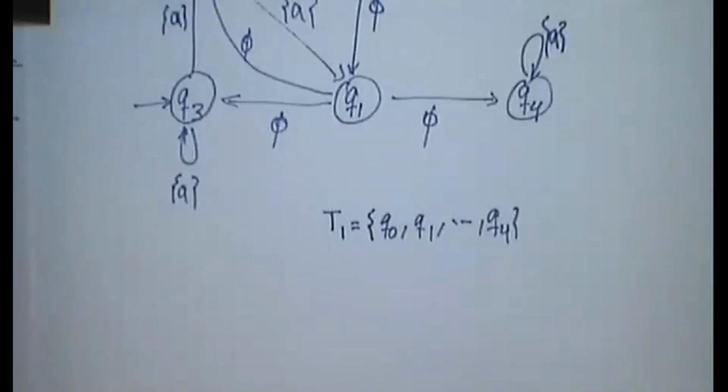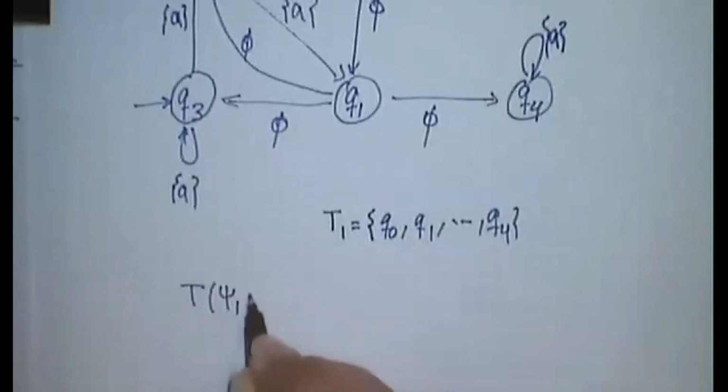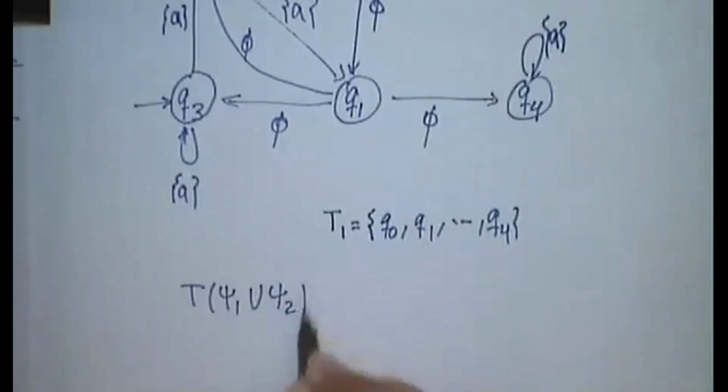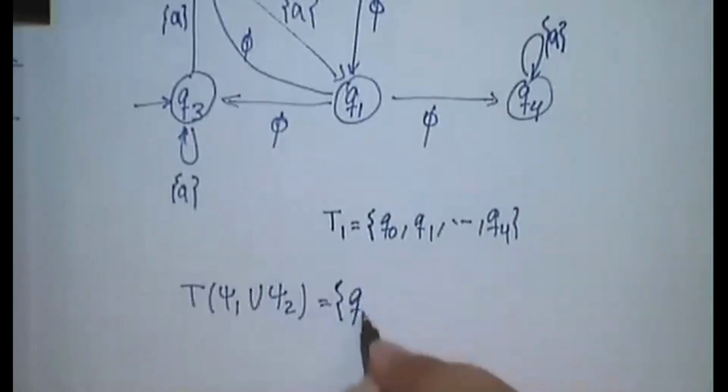But then we also have an until, right? So we have our main formula phi, which is psi1 until psi2. So we should have also a set for that, psi1 until psi2. And what is this set? This is the set of all states such that what? What was the condition?